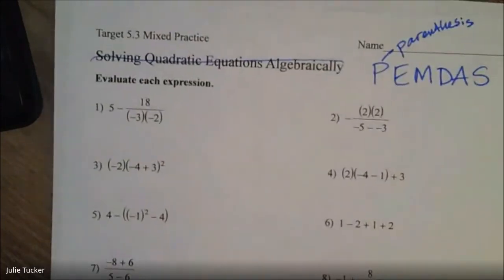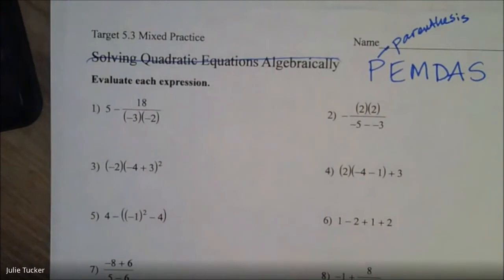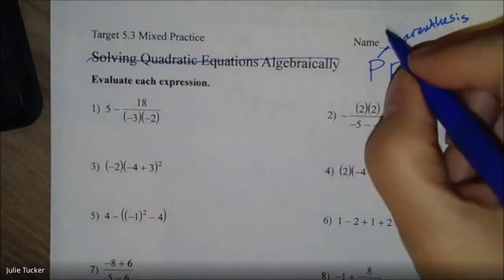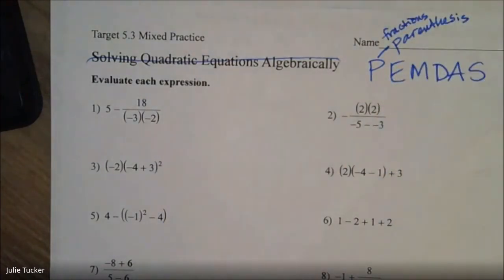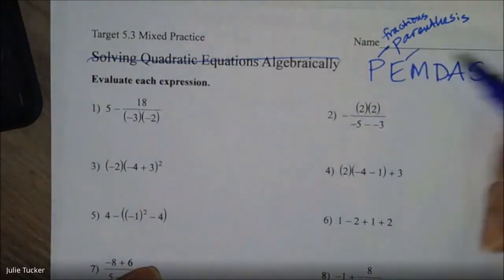Did you know that a fraction bar is considered a grouping symbol because it chunks your problem into sections? So parentheses and fractions. Just a fraction bar is splitting your problem into parts. And then E is for what?